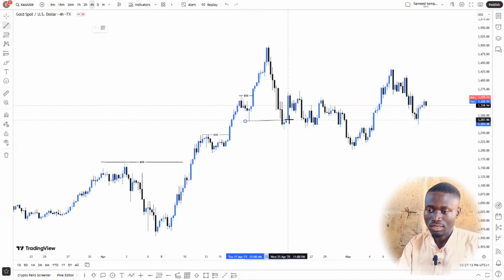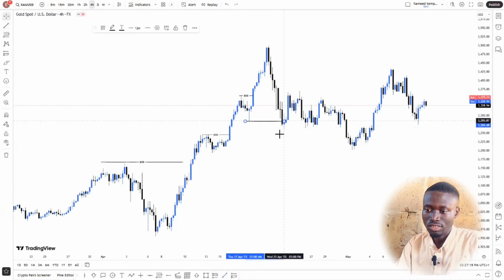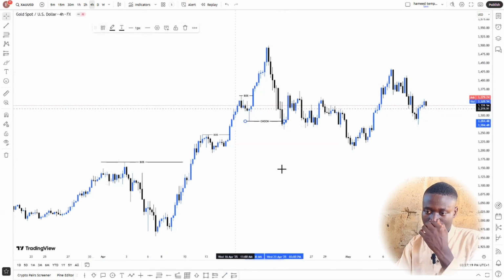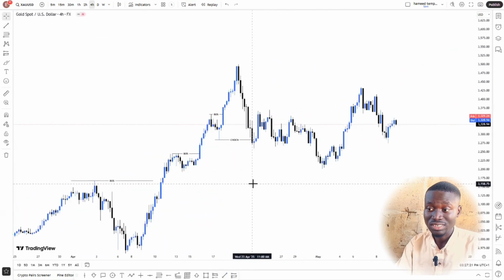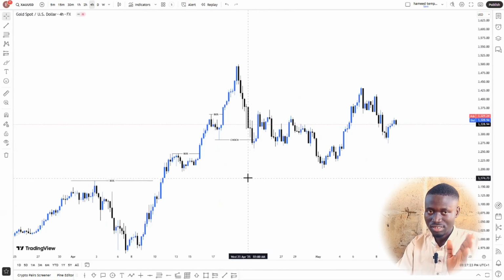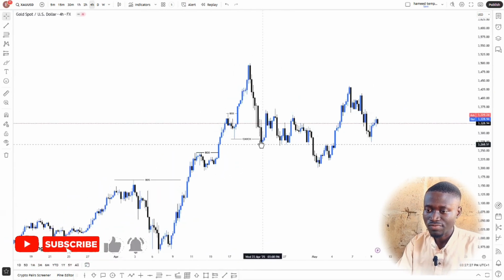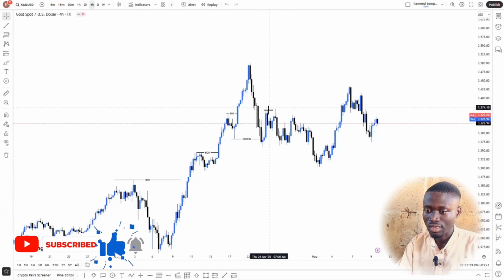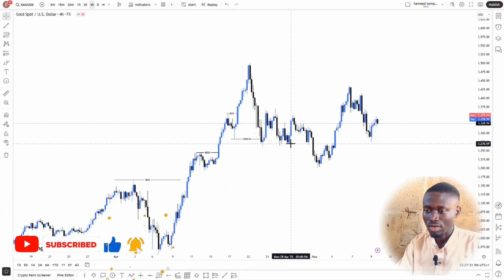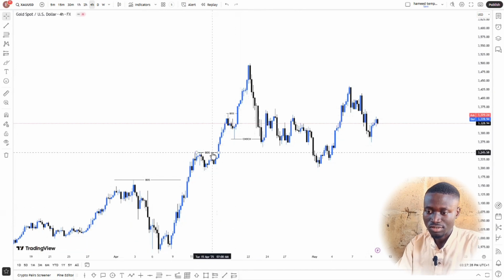The market is changing character, which simply means the market is ready to sell, right? Then we have this move to the downside that gives us a break of structure here.